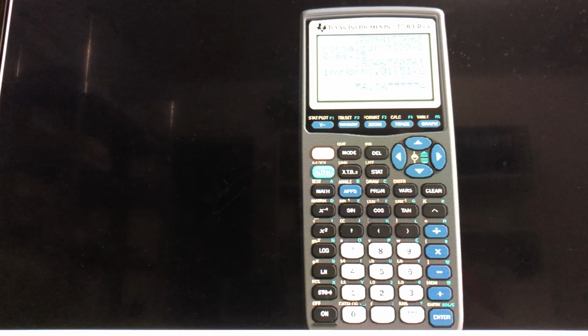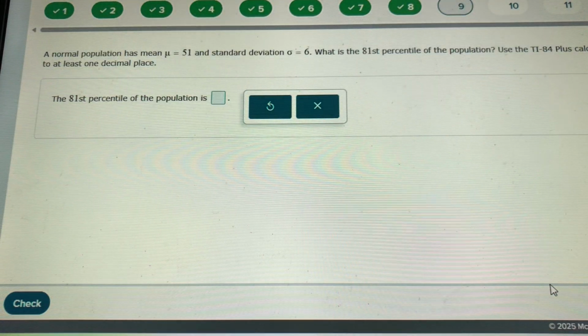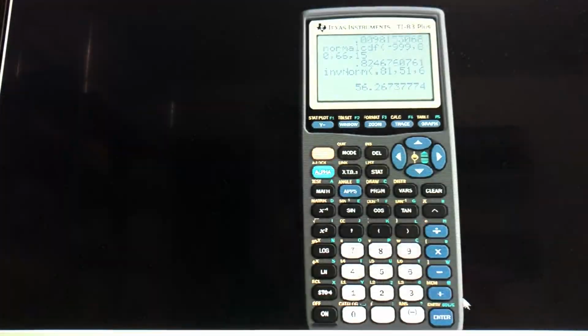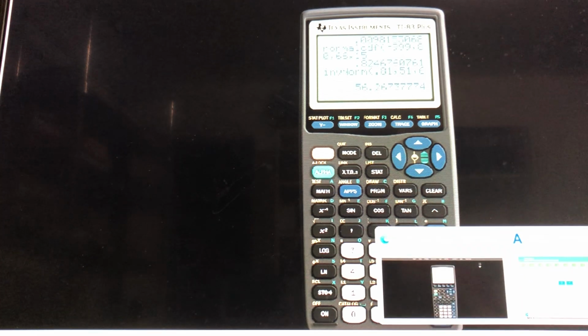They might have this rounded to the whole number because it's usually test scores or GPAs, but it does say round to 1 decimal place. So if they tell you where to round, definitely do that. 56.26, but bump that up to a 56.3.